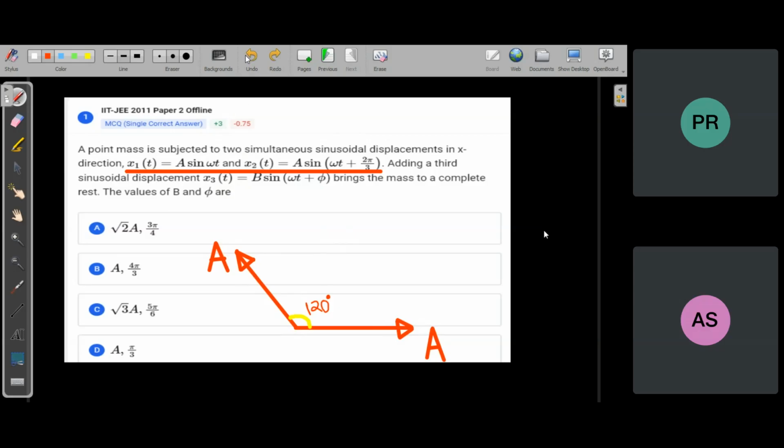So how can a particle undergo two displacements at a time, sir? Yes, so why not? It is not doing displacement at a time, it is doing superposition of these two. Superposition means what, sir? And sinusoidal means what, sir? Sinusoidal simply means a function of sine.